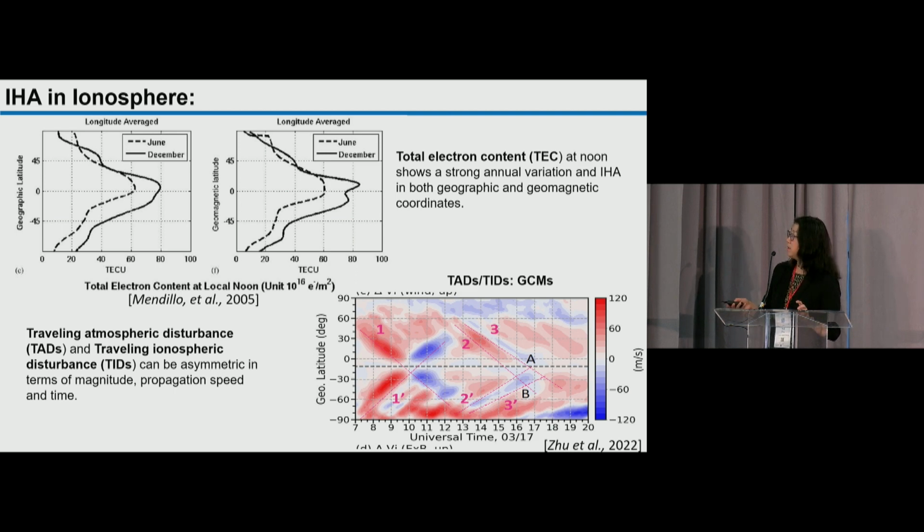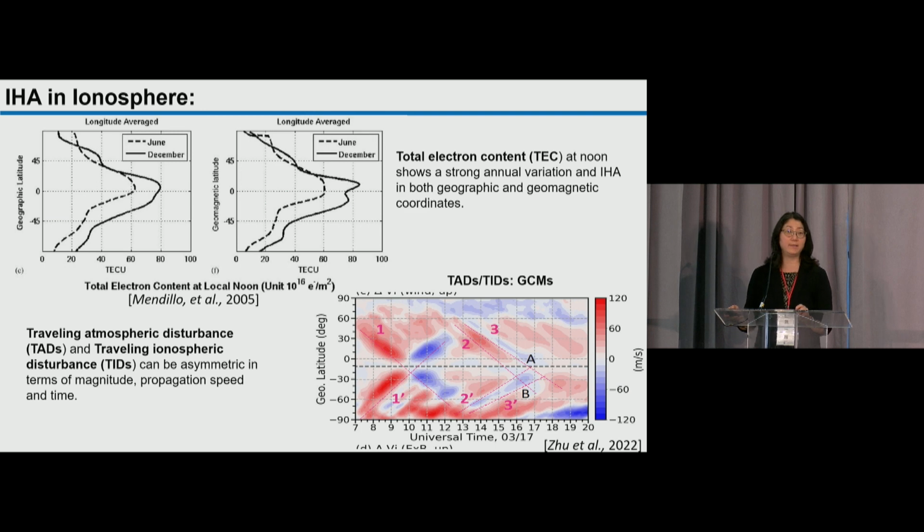First of all, there's a strong annual asymmetry. In December, almost everywhere, the TEC is higher than in the summer, June. Meanwhile, if you compare the TEC along the equator, no matter whether it's the geographic equator or the geomagnetic equator, you will see the asymmetry there as well.